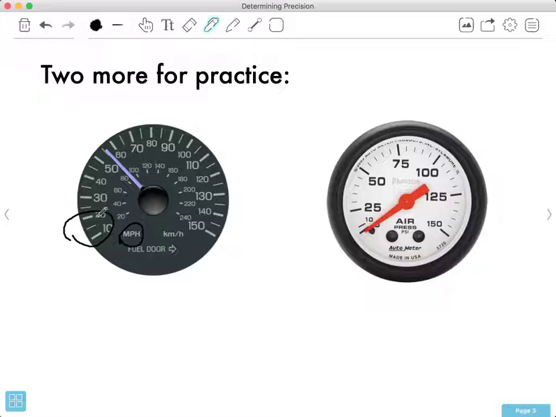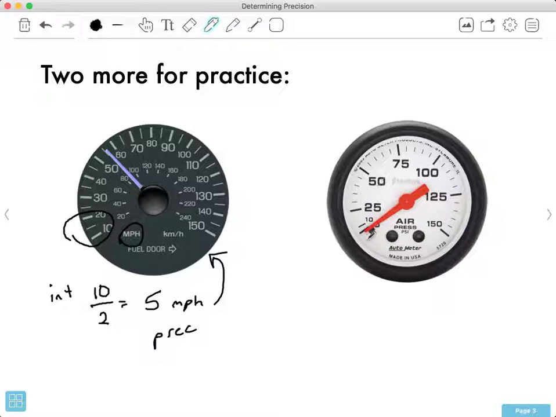To get from 10 to 20 is an interval of 10 miles per hour. And how many ticks does it take to get there? It takes 2 ticks to travel that distance. So I take 10 divided by 2. So my precision would be 5 miles per hour. That's my precision of this particular device.